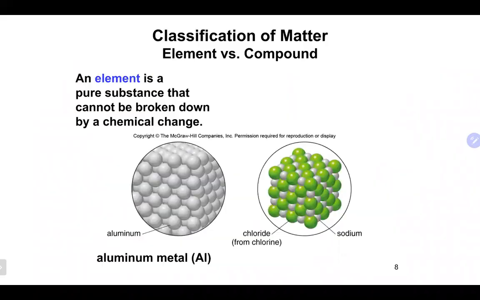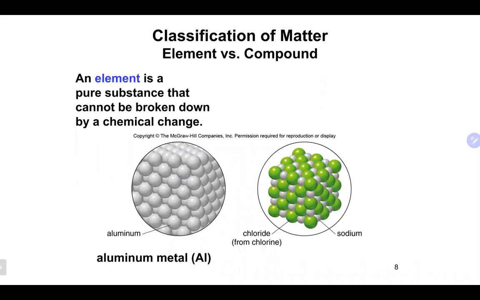Okay, then let's talk a little bit about other ways to classify matter. An element is really a pure substance that cannot be broken back down any further. When we look at an element, which are on the periodic table, you could think of elements as essentially like the alphabet.